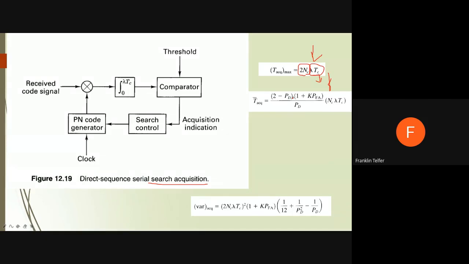And there is another formula where NC, the number of chips, is very much greater than half a chip. Previously we took the chip as half. When the half is incremented to 1, 2 or 3, you have the acquisition formula: T equals 2 minus PD, the probability of detection, times 1 plus K PFA, times NC, over lambda TC.